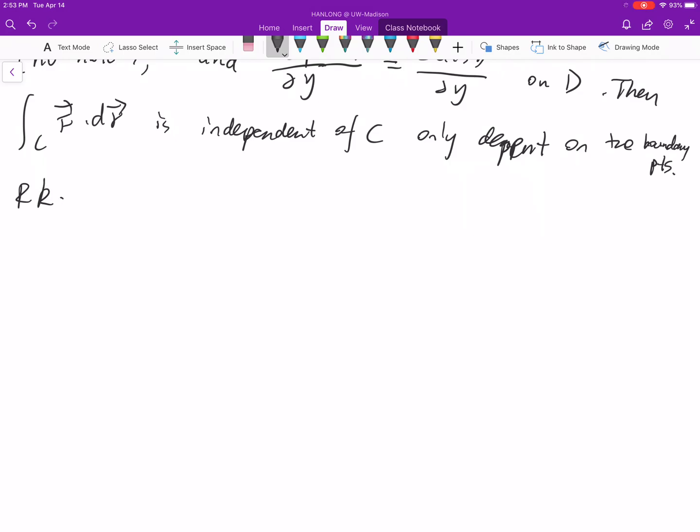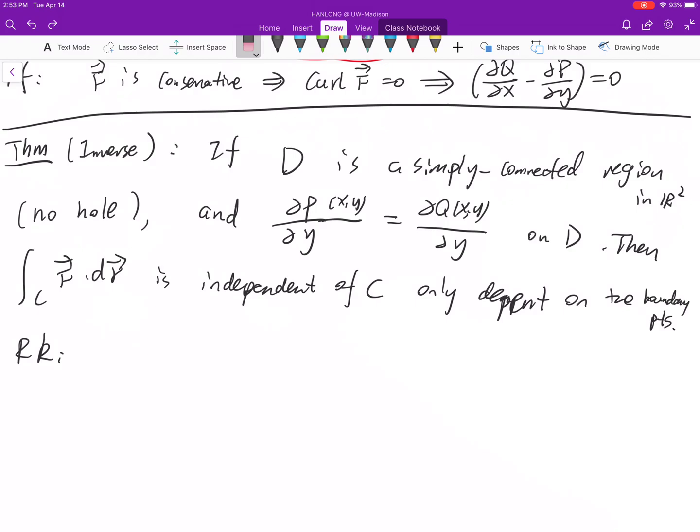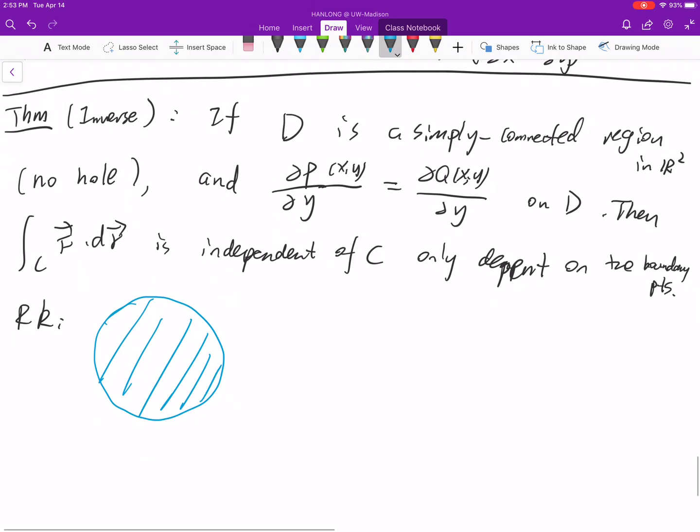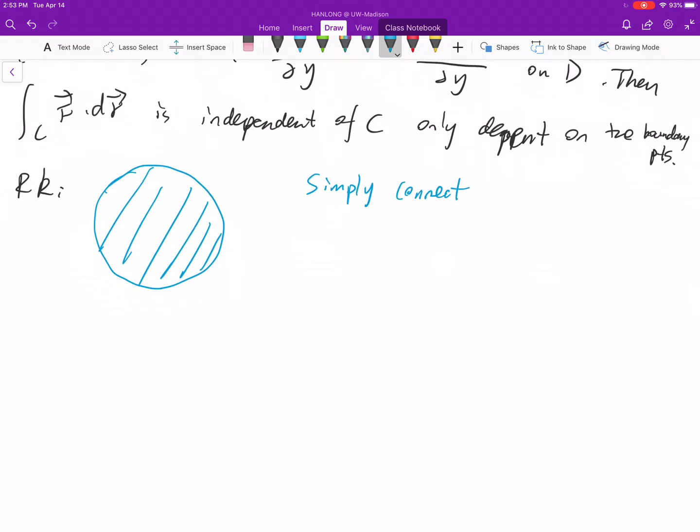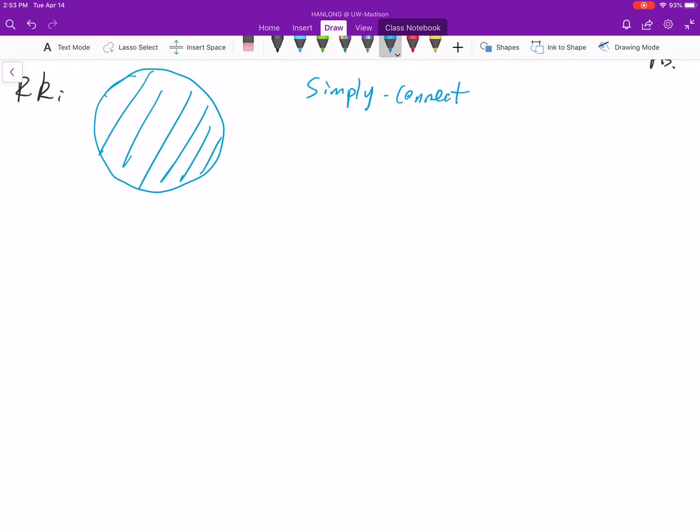So remark, let's show some examples. This is simply connected, because there's no hole. And also the whole region R2 is simply connected.